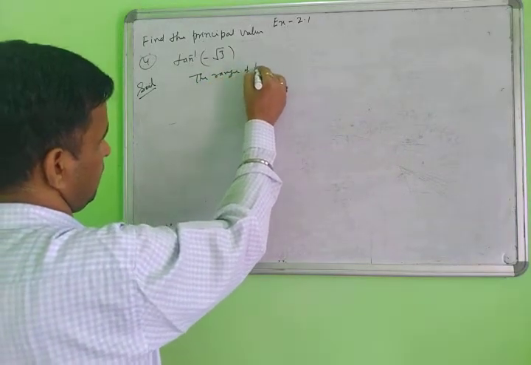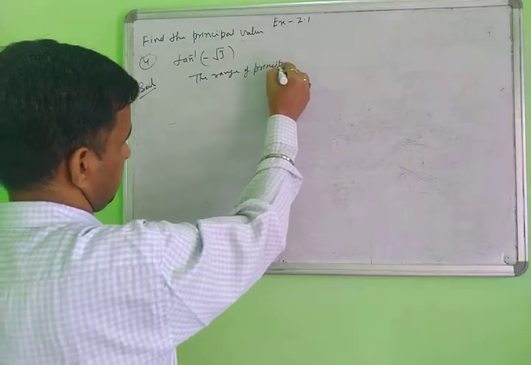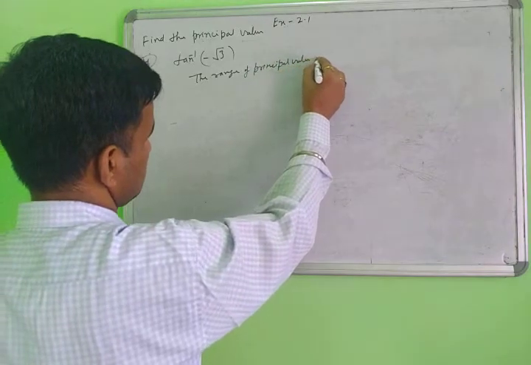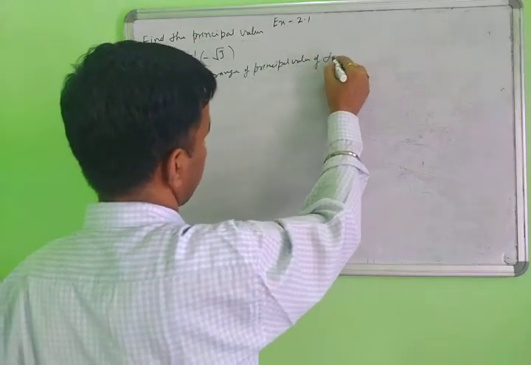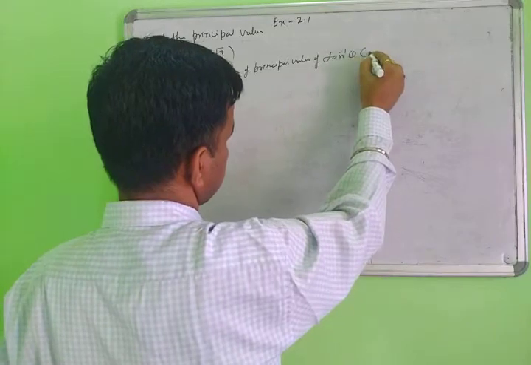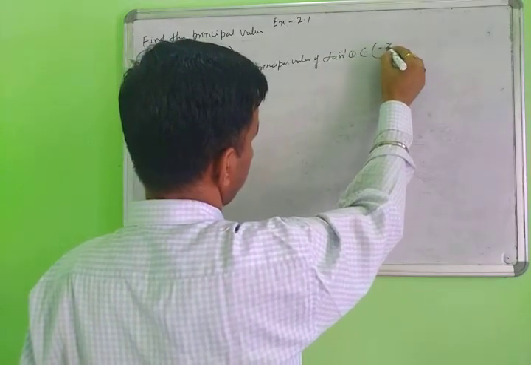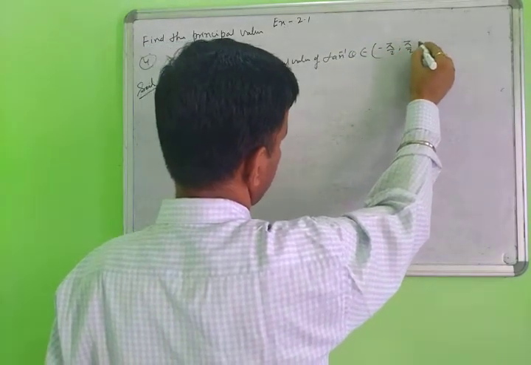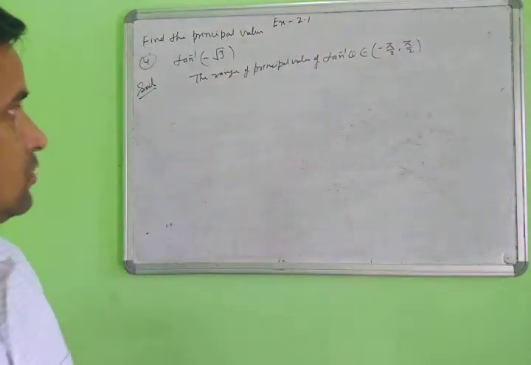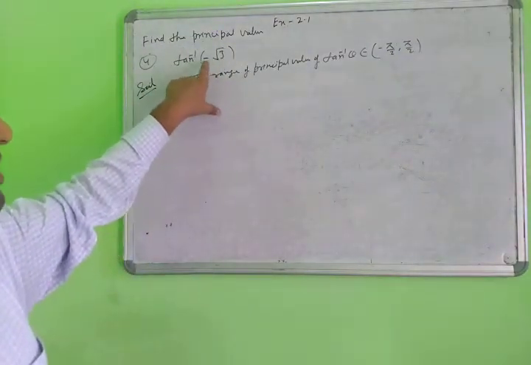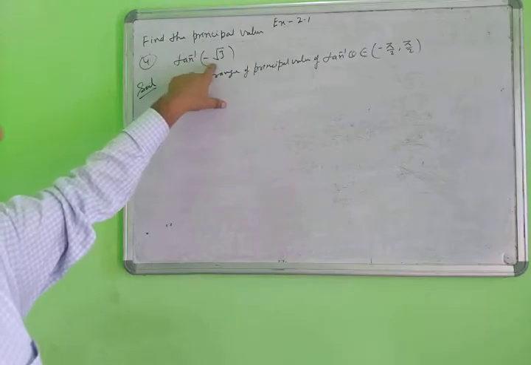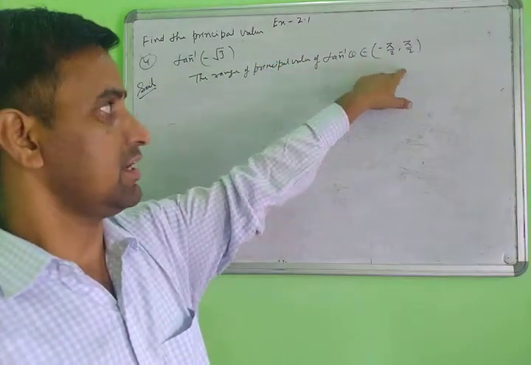The range of the principal value of tan inverse theta belongs to the open interval minus pi by 2 to plus pi by 2. This means the principal value answer will belong in this range.